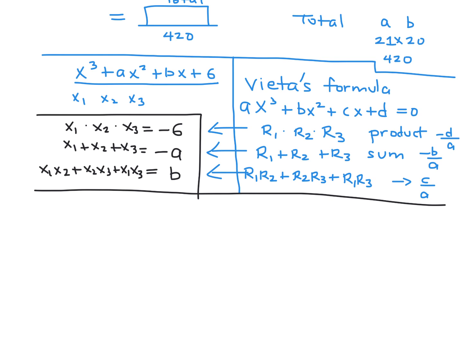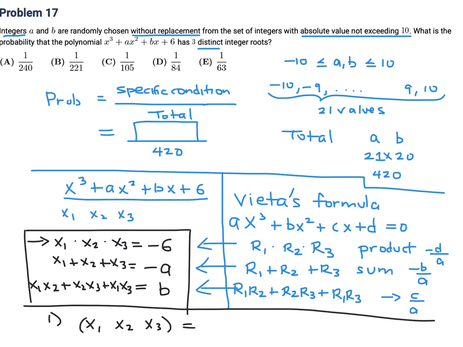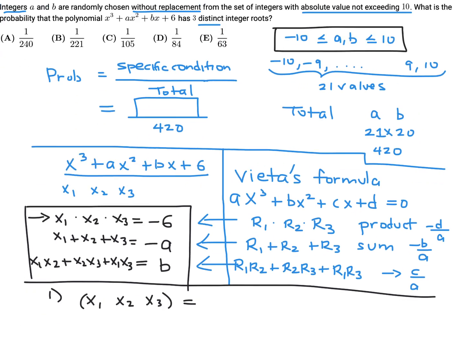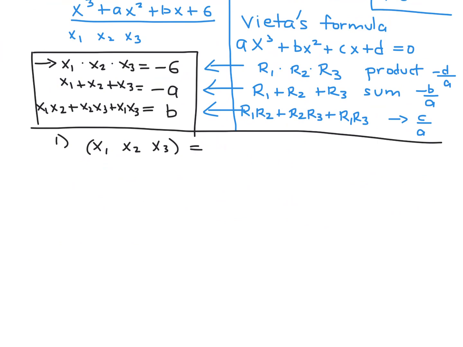And really, we're just working with this now. And from the first equation, we have to sort of guess and see if it works out. The parameter is that the a and b values have to be between minus 10 and 10, and they have to be integers. So one possibility I immediately see is negative 1, 1, and 6, right?